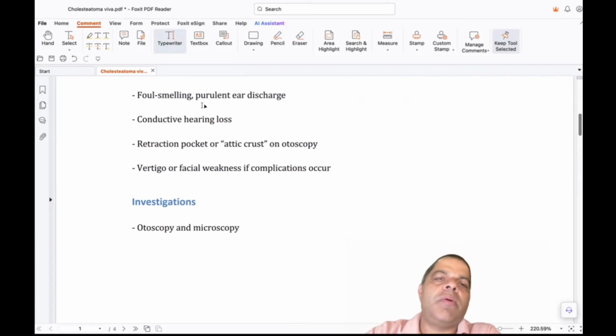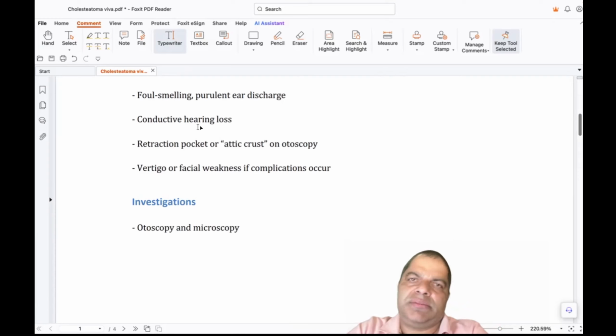Clinical feature-wise, there is a foul-smelling purulent ear discharge, which is very foul-smelling. If a patient comes in the OPD and there is a foul smell around the room, recognize this. The examiner can ask how you know this patient has cholesteatoma.